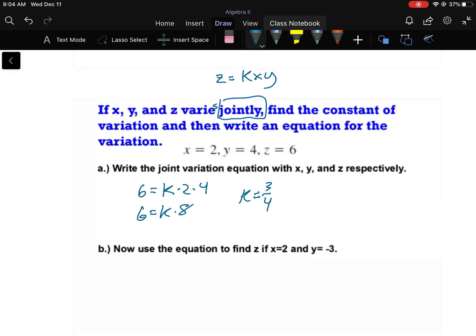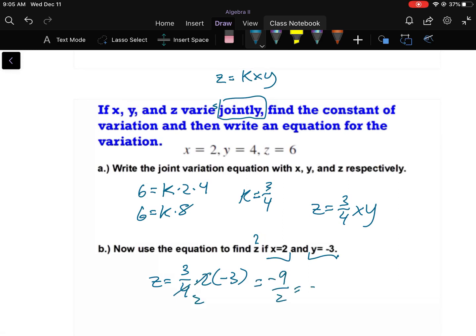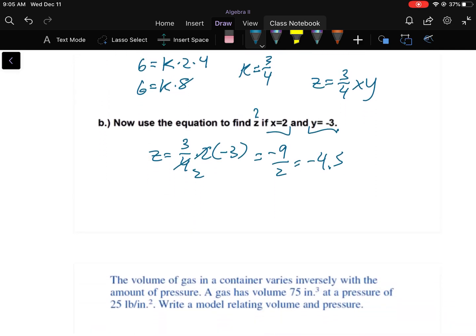So now my respective equation would be z equals 3/4 xy. Now if I give you another x, another y, I can find the value of z by going 3/4 times 2 times -3. So 9/2, -4.5 if you're a decimal person.